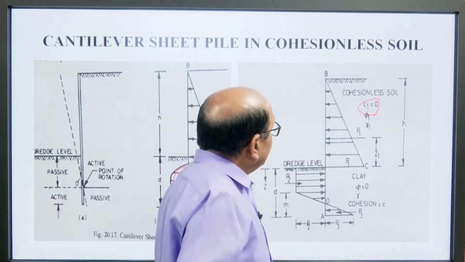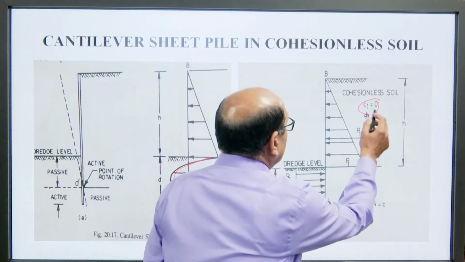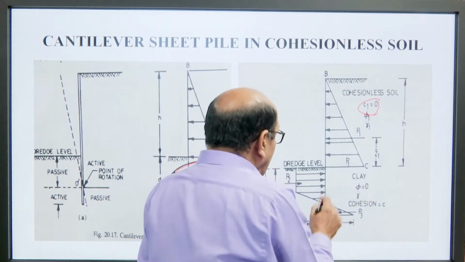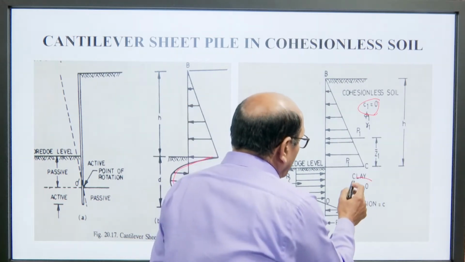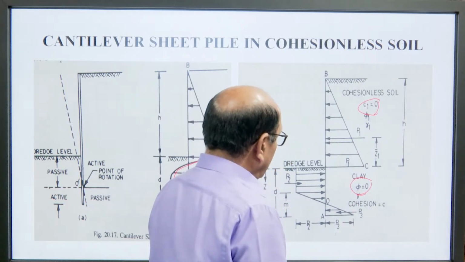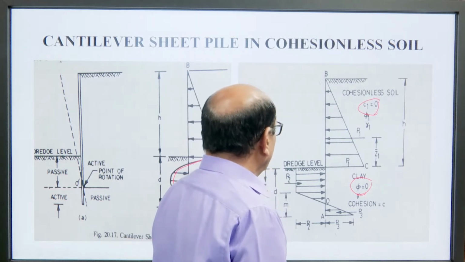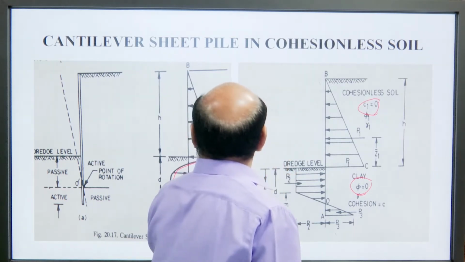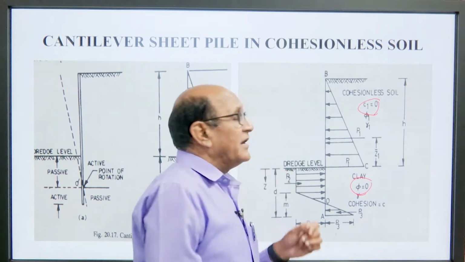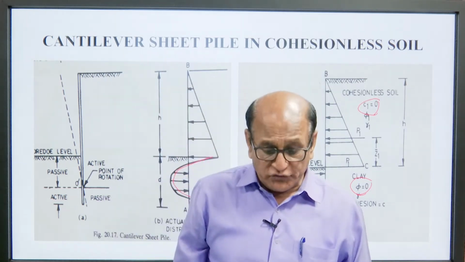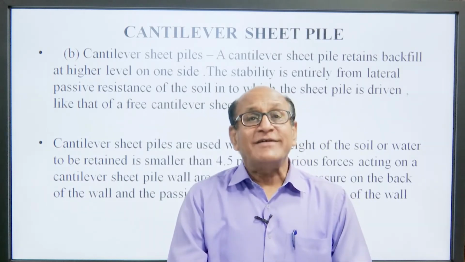Because this is cohesionless soil, phi applies and here C 1 is equal to 0. If it is a clay, then phi will be 0 and cohesion will be C. So, this is the pressure distribution chart of cohesionless soil. Now, cantilever sheet pile.